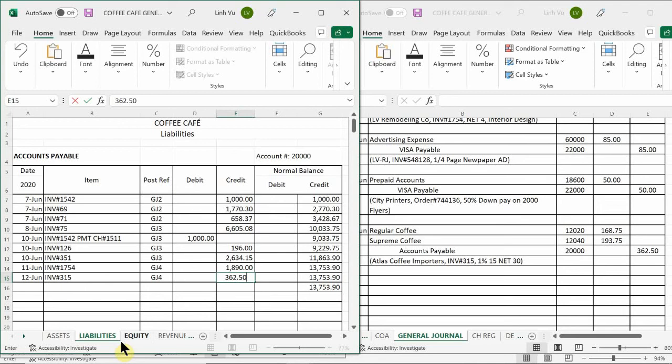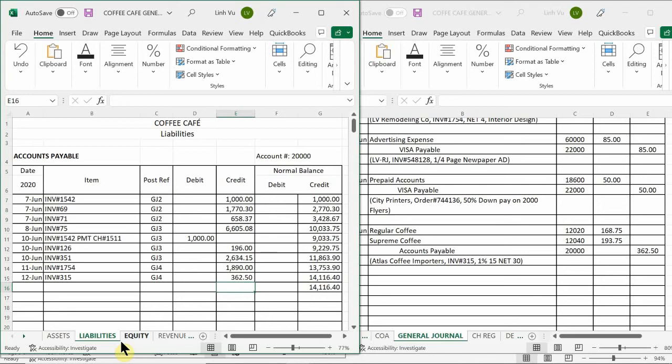What's my new balance in my accounts payable account? $14,116.40. Yes, again, now we owe more money.